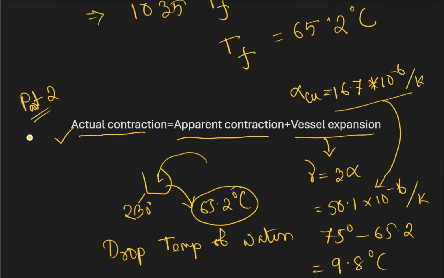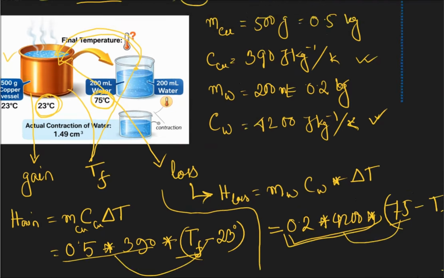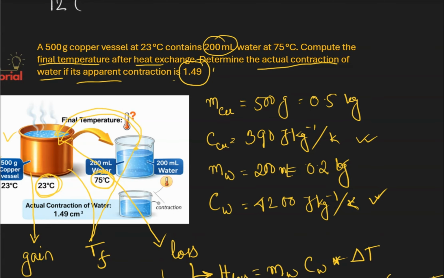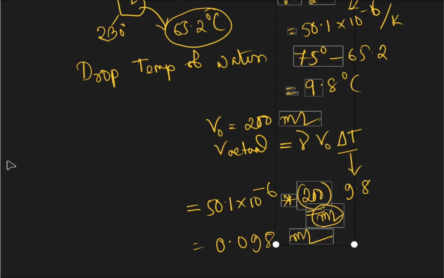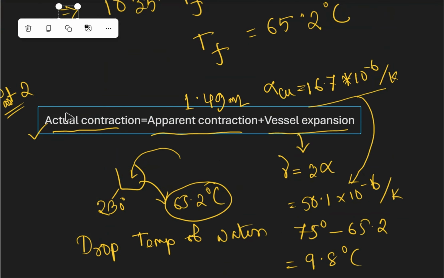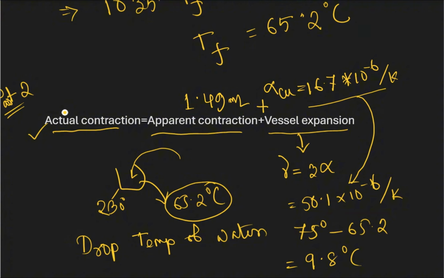So what was the main formula? The actual contraction equals the apparent contraction, which is given in the question, that is 1.49 milliliter. Remember, let's check the question. That was 1.49 milliliter. And here, 1.49 plus the vessel expansion, 0.098 milliliter.